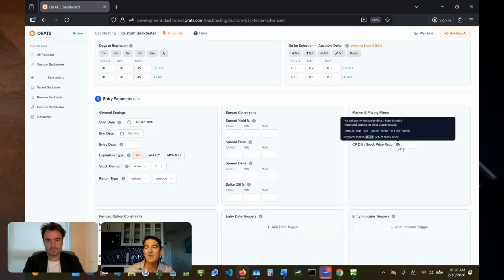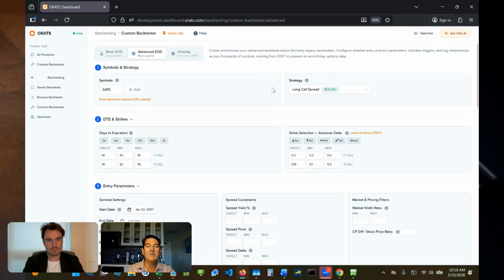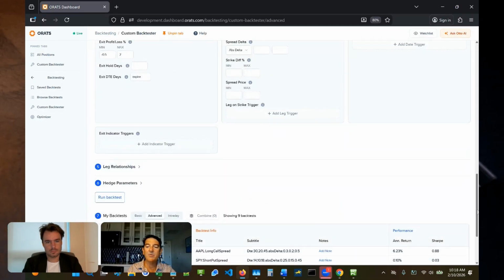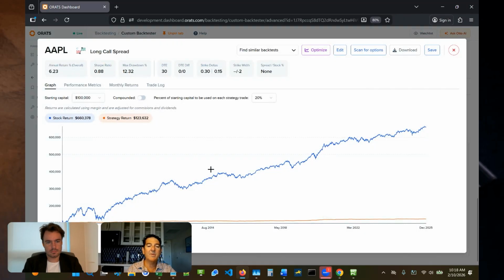In this case, I would just set a 2% put call parity, 1% max width, and then you have much more liquid prices. And the way to debug your backtests is, when you look at graphs, you don't want to see a huge bump, like a lot of profit in one month versus another month.